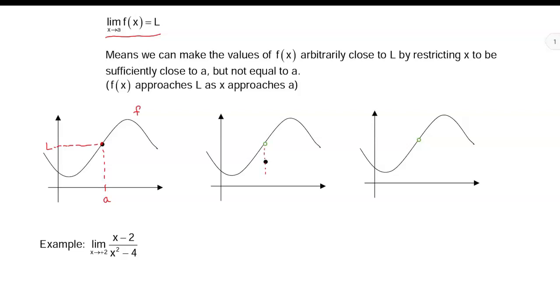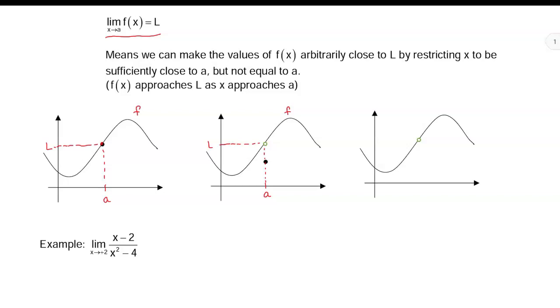The second drawing has the point removed. So the point could be removed from the curve, and this limit would still be the limit of the function near a. So it's the same function, but we've removed a point.